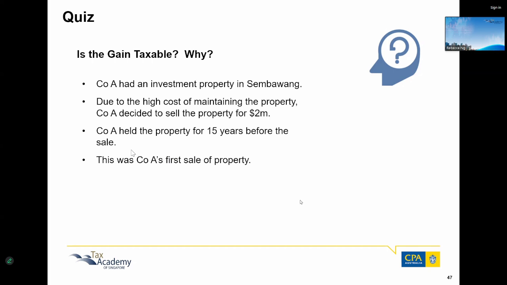Okay, so let's look at how we should treat this gain that is not taxable. Assuming that the company has sold this property and this gain is recorded in the company's profit and loss account. So this gain is not taxable. We will have to exclude it from the net profit before tax to arrive at the chargeable amount.